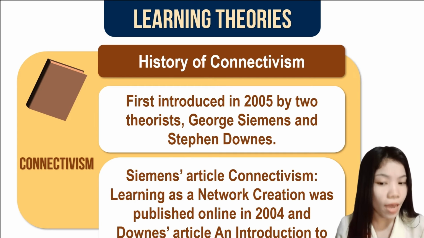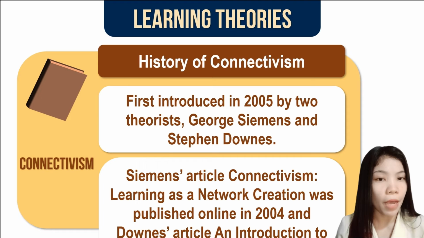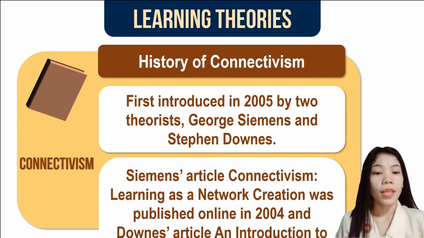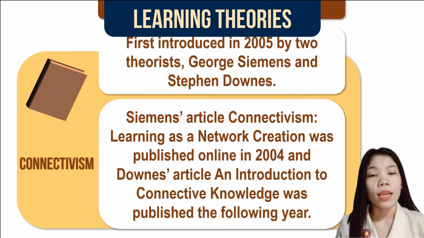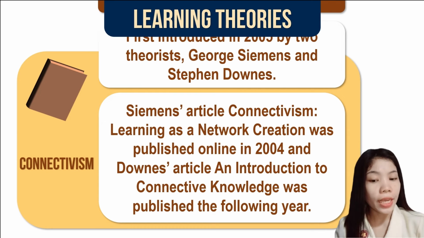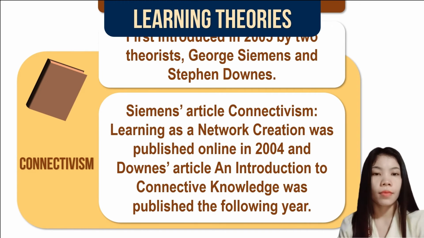So did you know that connectivism was first introduced in 2005 by the two theorists, George Siemens and Stephen Downes. The article of Siemens was published online in 2004. It was entitled Learning as a Network Creation, and Downes' article, An Introduction to Connective Knowledge, was published the following year.